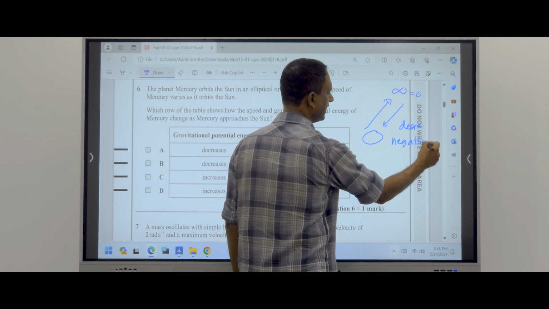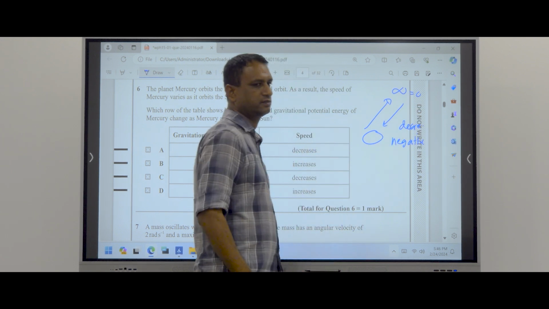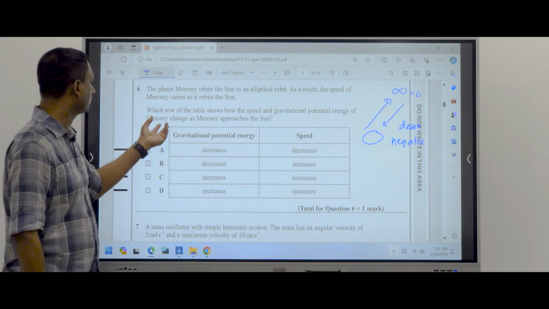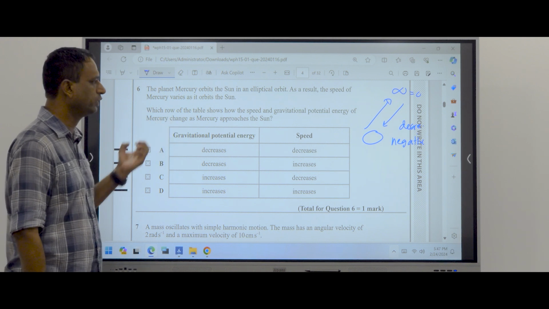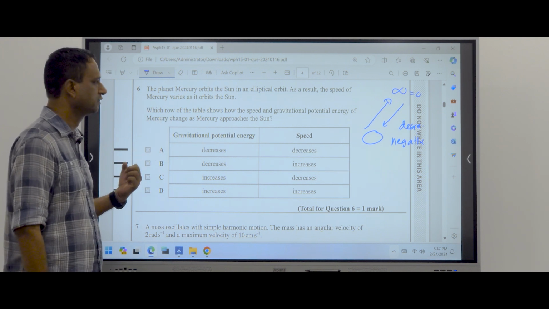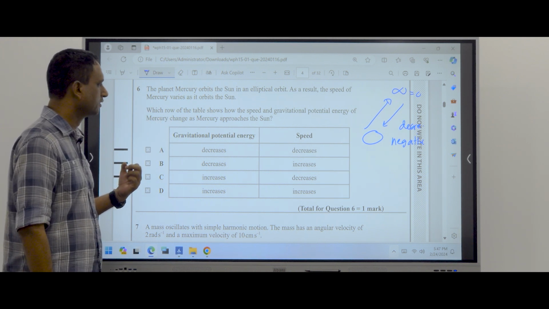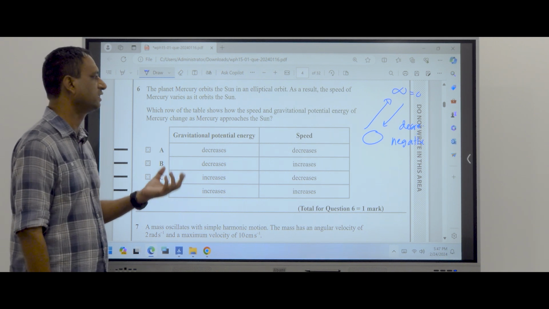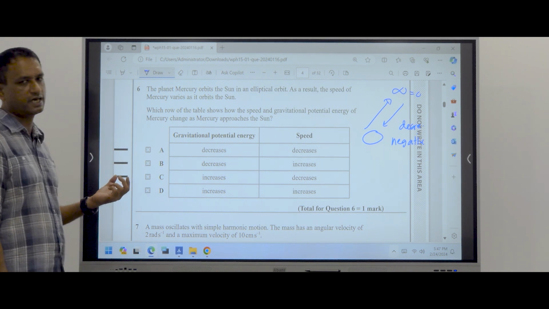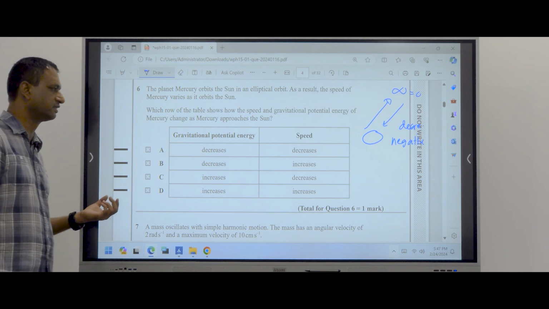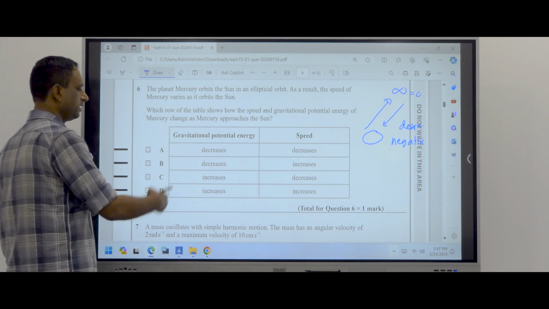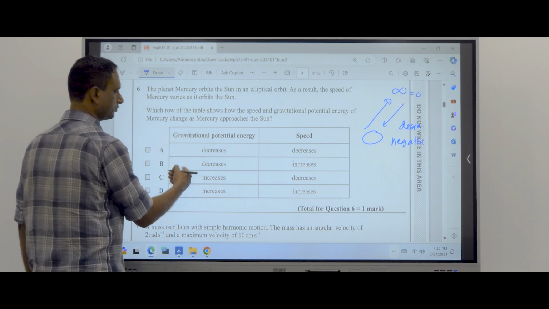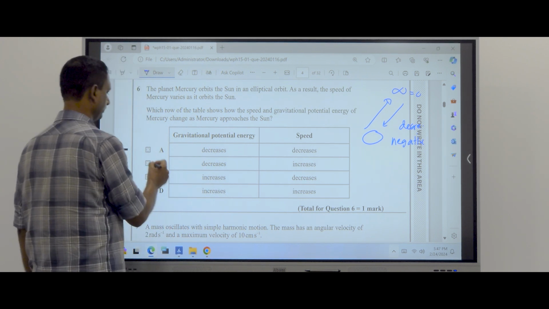Negative means less than 0. Here Mercury is coming towards the Sun, gravitational potential energy decreases. Therefore, gravitational potential energy will convert to kinetic energy. Therefore, speed increases. GPE decreases, speed increases.